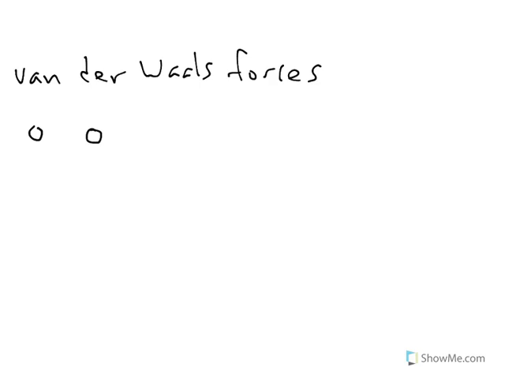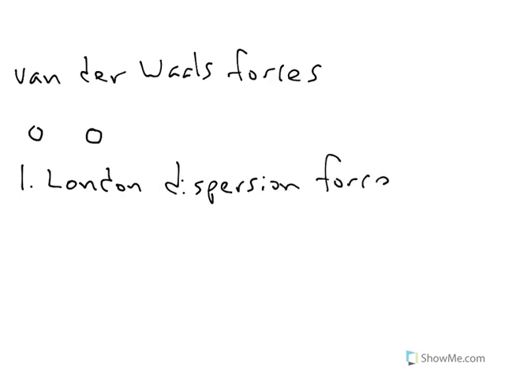So the first thing that we're going to look at is what's called the London dispersion force. Sometimes this is just truncated down to the dispersion force, or sometimes people just call them London forces. So London dispersion forces are something that is intrinsic to all molecules.